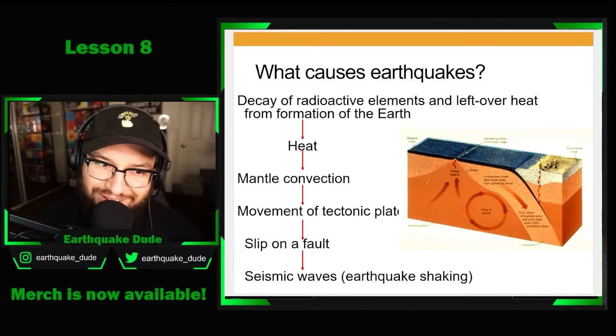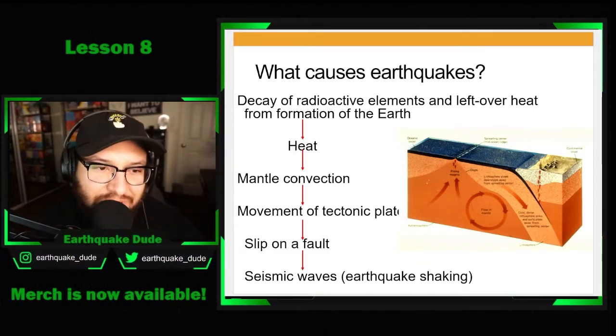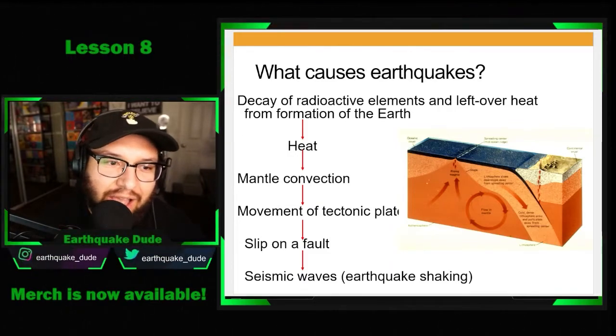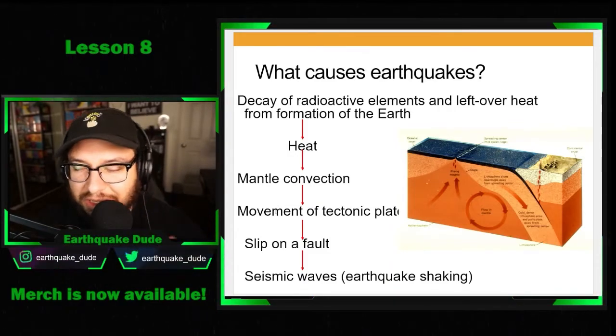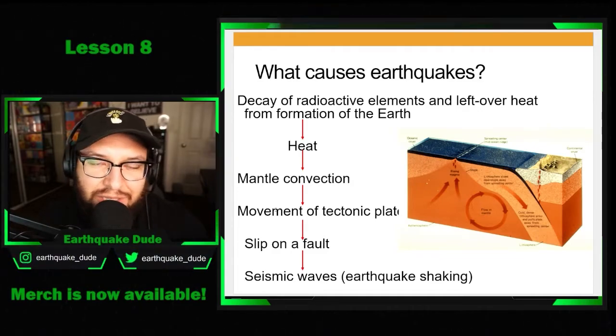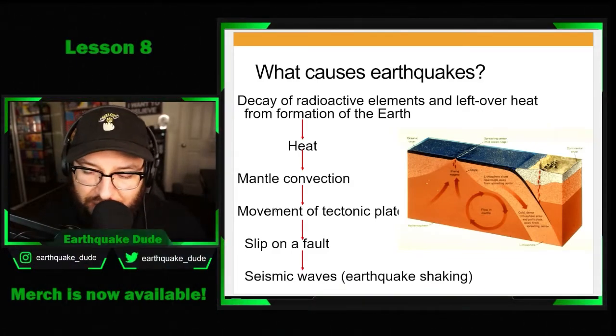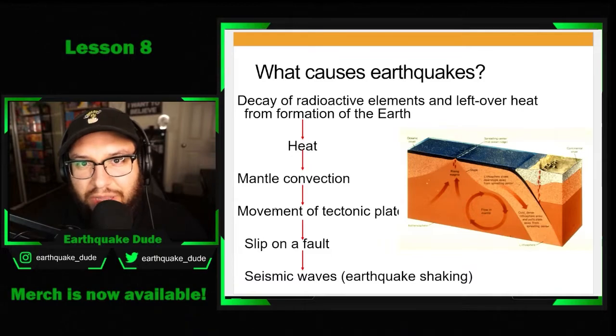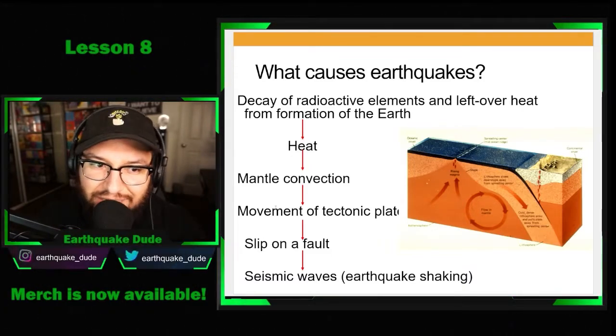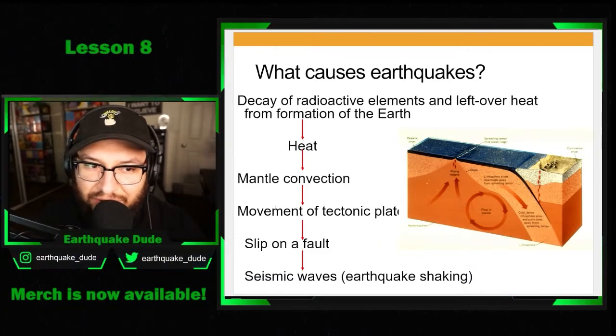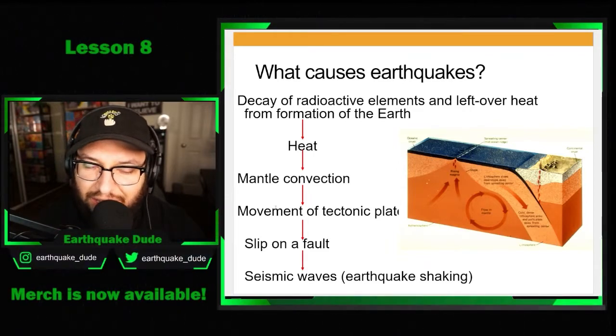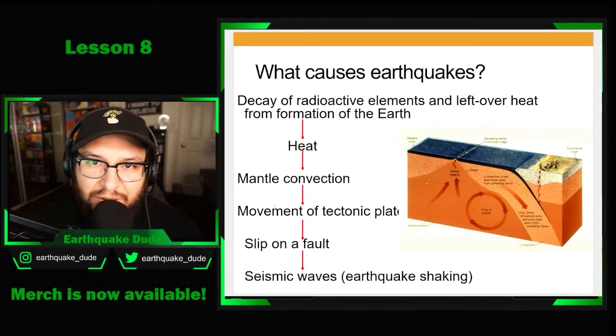Realistically, no. So we're always going to have earthquakes, especially in areas near plate boundaries, which is why it's so important that if you live near a plate boundary, you are earthquake ready, because these things are not going to stop moving, and earthquakes are going to continue to happen at plate boundaries.